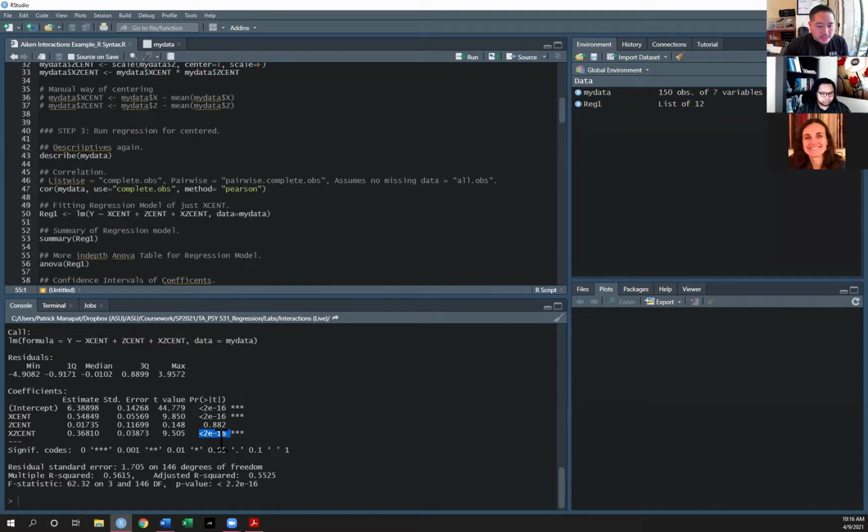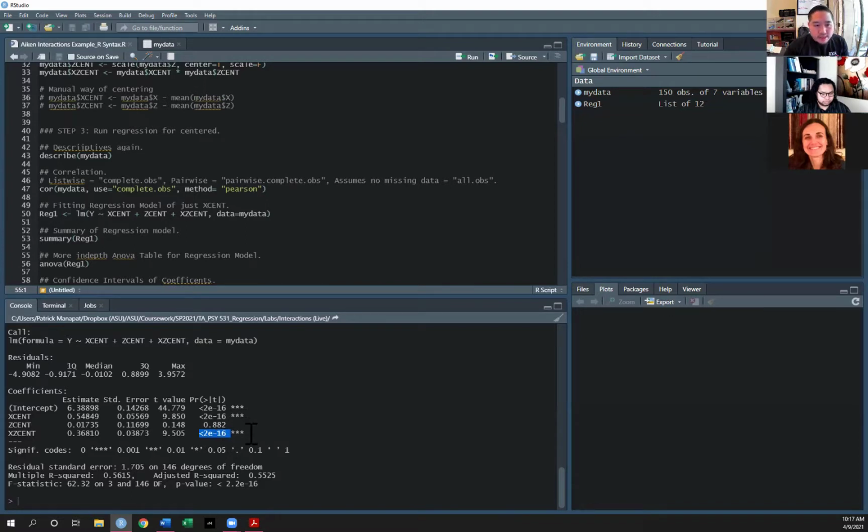Since this is significant, we want to proceed with a simple slopes analysis to see how the relationship between x and y differs at different values of z.